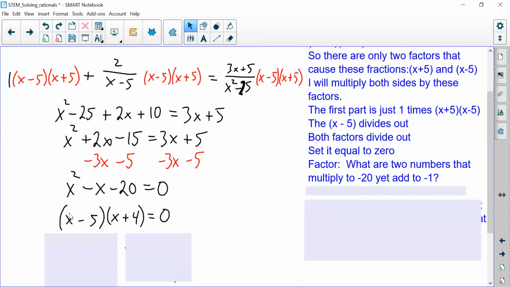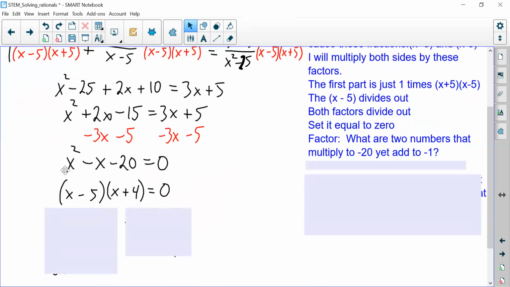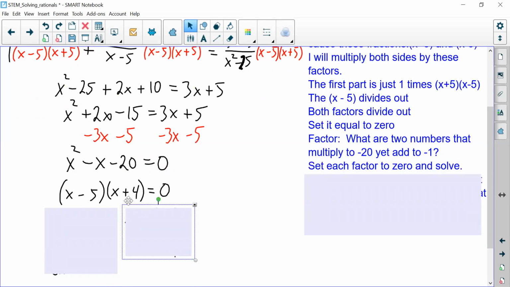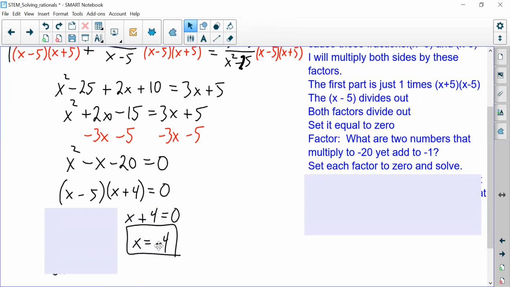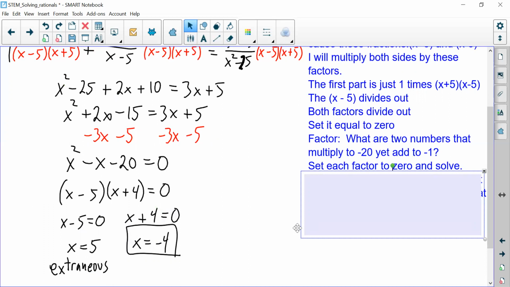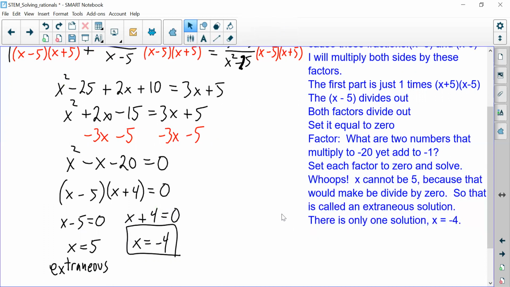But when you have a trinomial where it starts off with 1x squared, then you can do this shortcut: two numbers that multiply to negative 20 and add to negative 1. And then I set each factor to 0 and solve. So x plus 4, I set equal to 0, and that equals negative 4. X minus 5, I set that equal to 0, and that leads me to believe that x is 5.